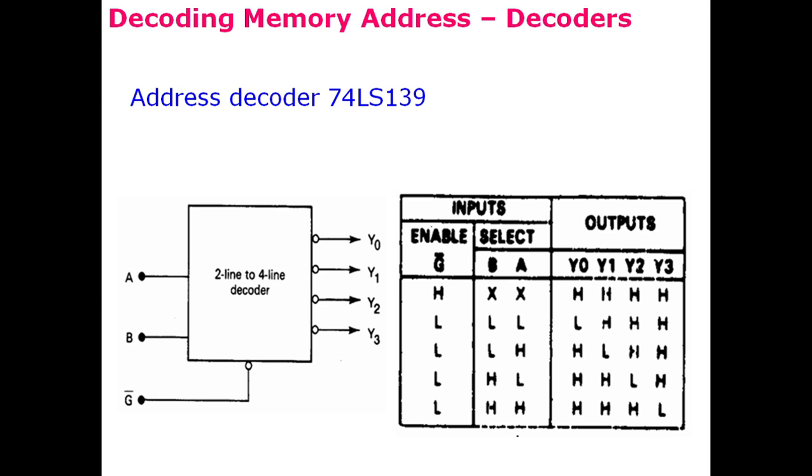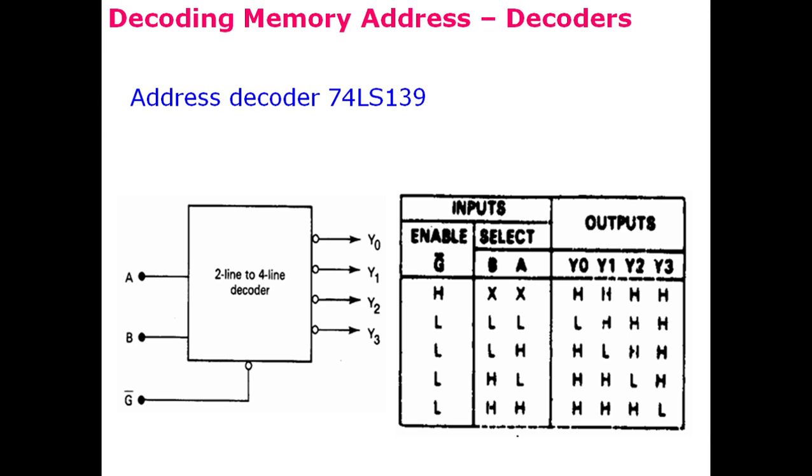So in that case, or in many other cases, when the 20-bit address is coming from the microprocessor, that 20-bit address should be properly handled for the proper functioning of the memory system. For that, the address needs to be decoded properly so that the memory systems are properly selected, and the specific locations inside the memory are selected properly.